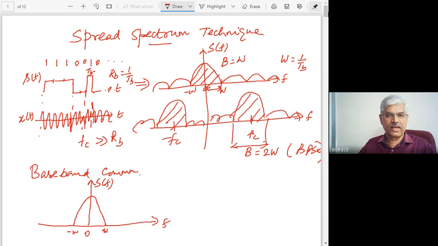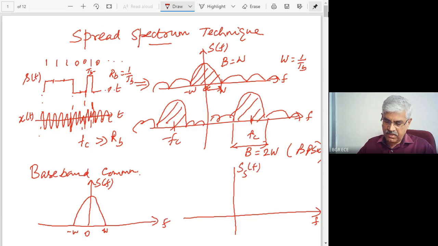If you have to tackle these interferences, what they have said is, this is the original spectrum of the signal, and you convert this into, so this is F, this is the spread, I call it a spread spectrum signal. So it is something like this. They convert this into like this. So this area and this area are the same.